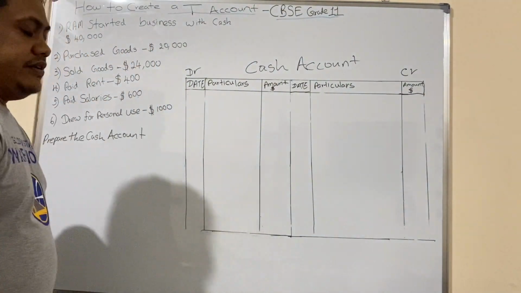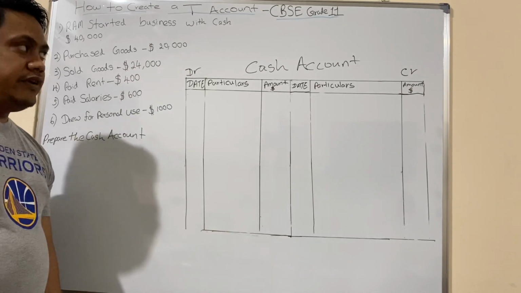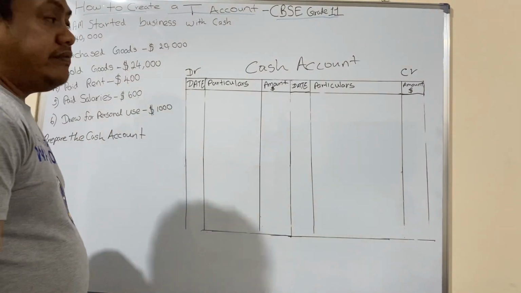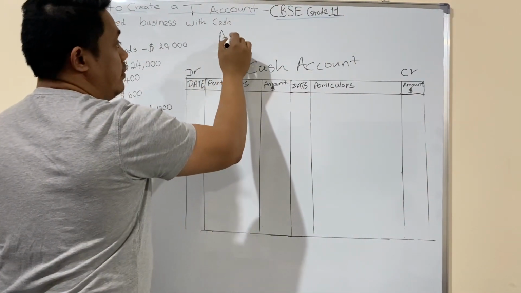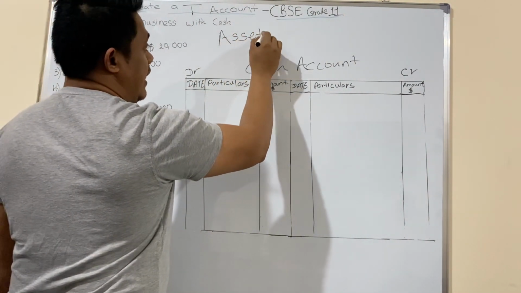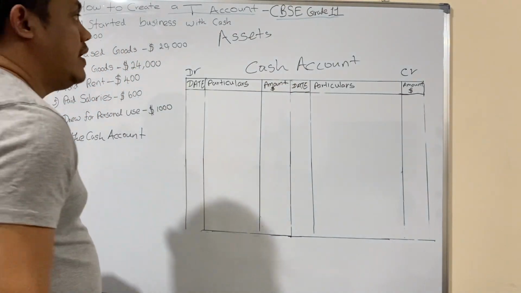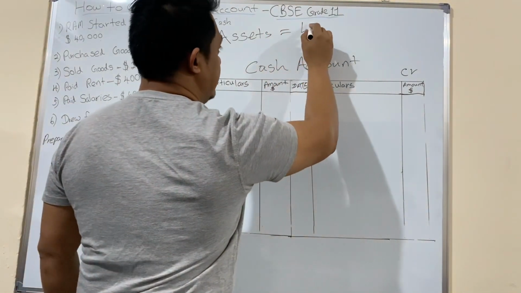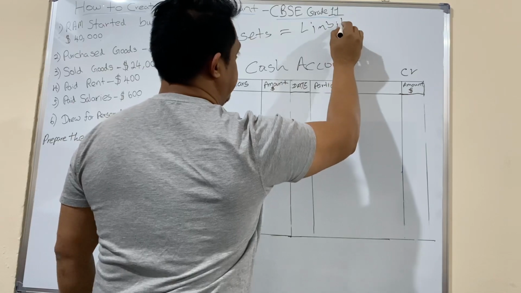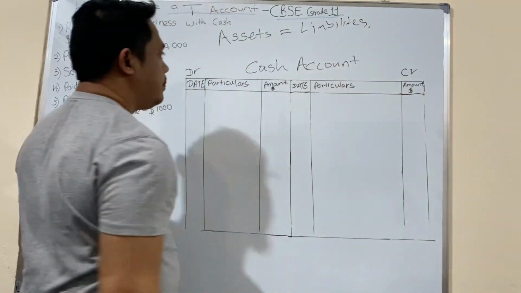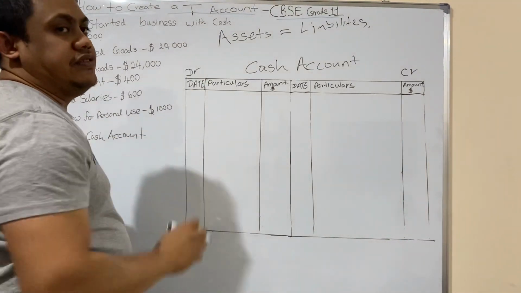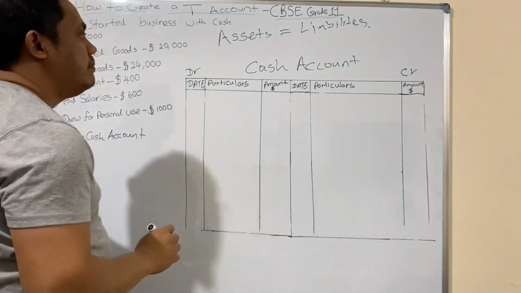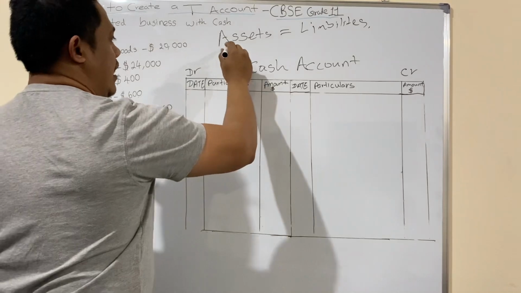Let's go to the equation. As we all know, assets equal liabilities plus capital. This cash account comes under assets.